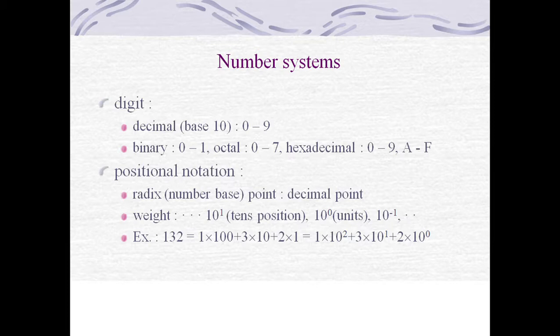The English letters A to F, these 6 letters, are included to represent the next 6 digits of the hexadecimal system. So in the hexadecimal system, we have 16 digits, 0 to 9, and then A to F. Any number represented in the hexadecimal system must include only these digits.